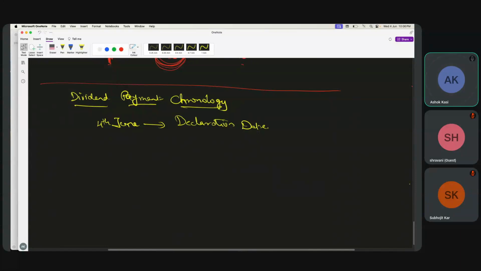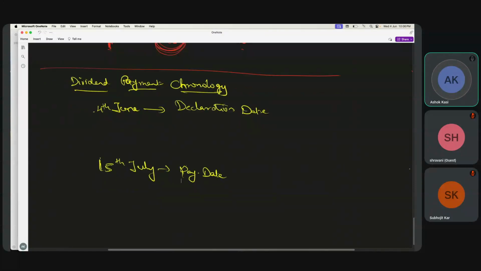When? They are saying we will pay dividend on, it will take one month's time to do the back-end work, so they're saying we will pay on, let's say, 15th July. So this is called the pay date.